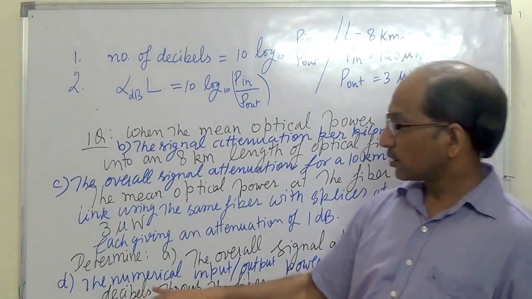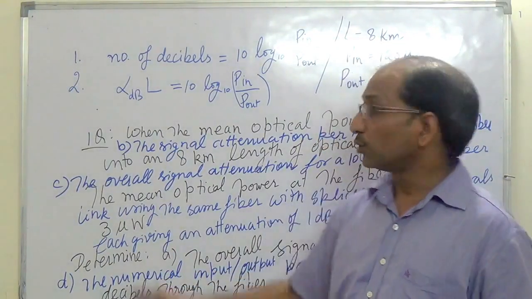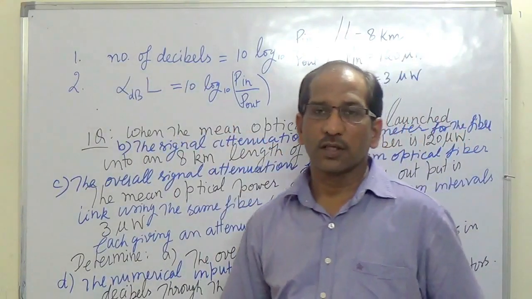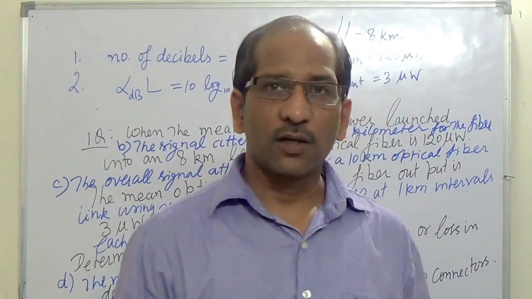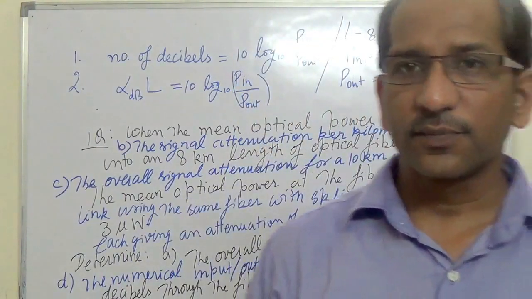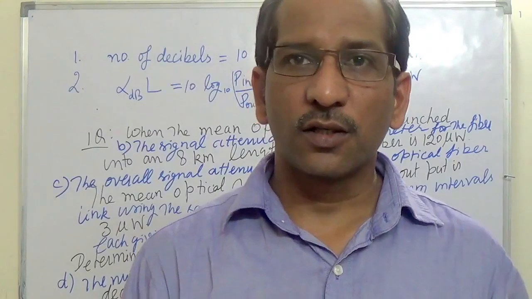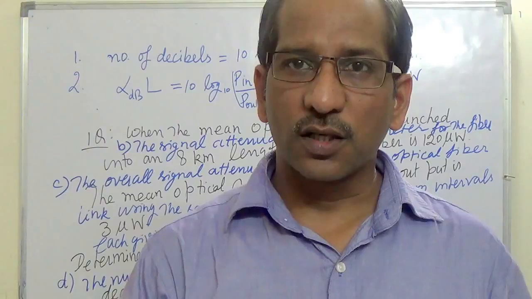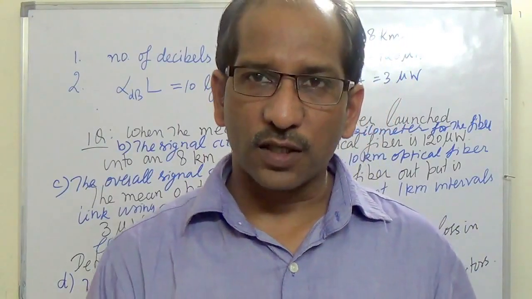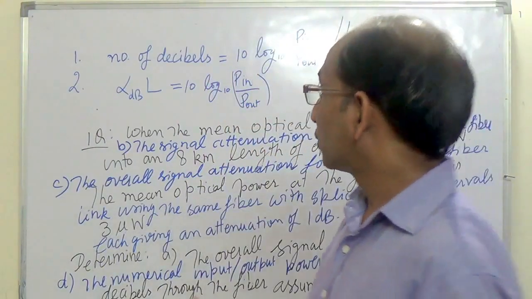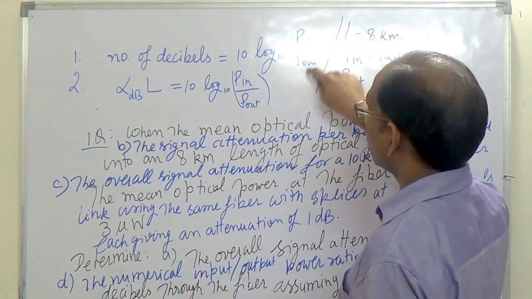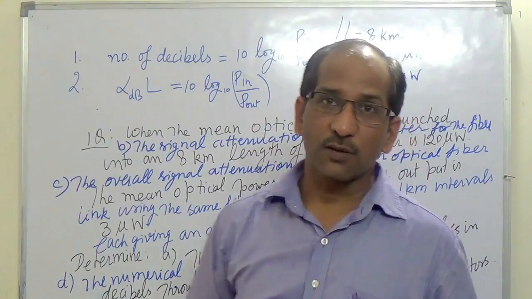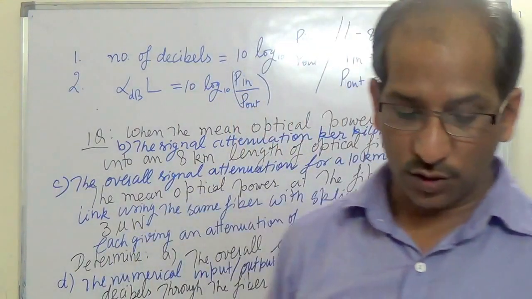So it means for the first part you have to use the formula number 1, because from the formula number 1 we have to determine the overall loss into the signal for the given optical fiber. And what are the values given? The values are P input and P output. So with the help of that one can find out the loss into signal.